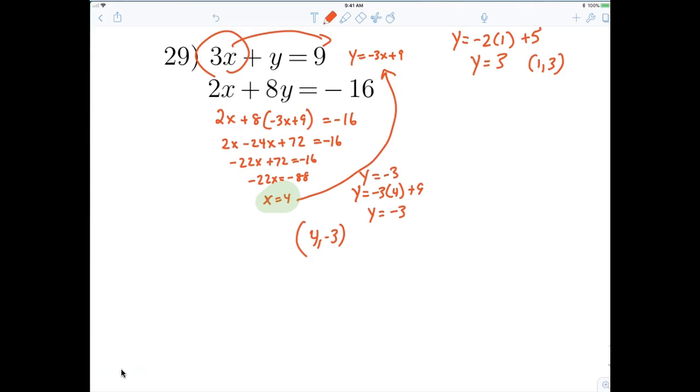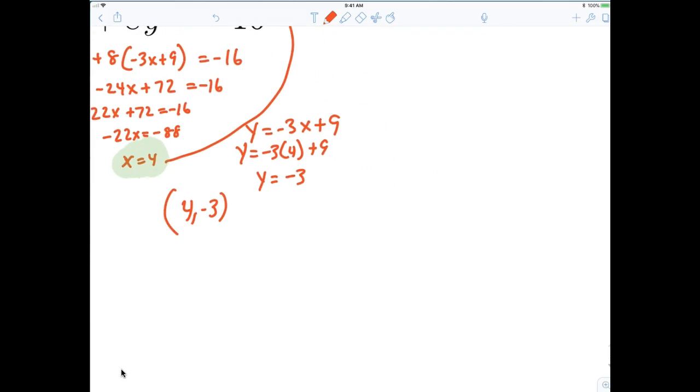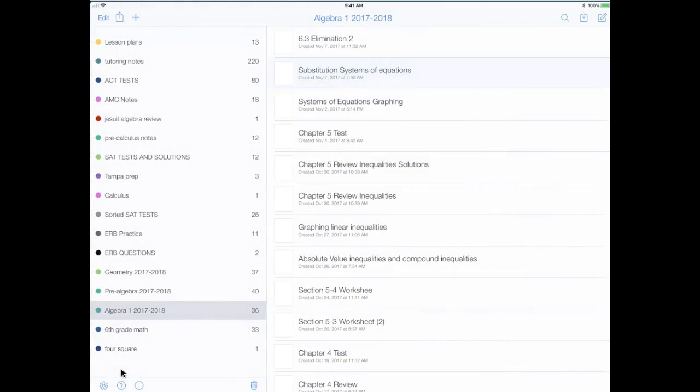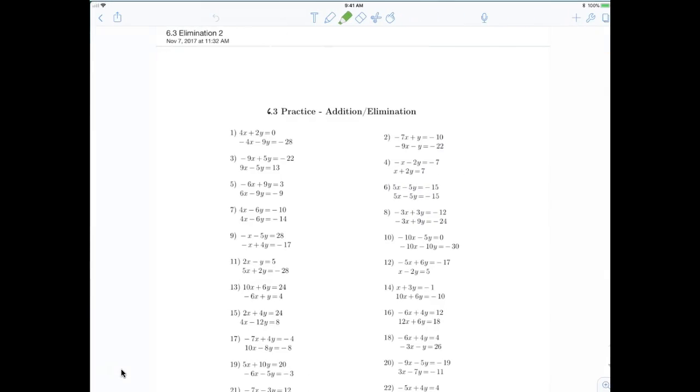Y equals negative 3x plus 9, right? So do you see this x right here? That x is really 4. You with me now? So I substituted it in. Negative 3 times 4 plus 9. Good? All right. Look, guys, we got to go. So here we go. Go up to elimination method now.